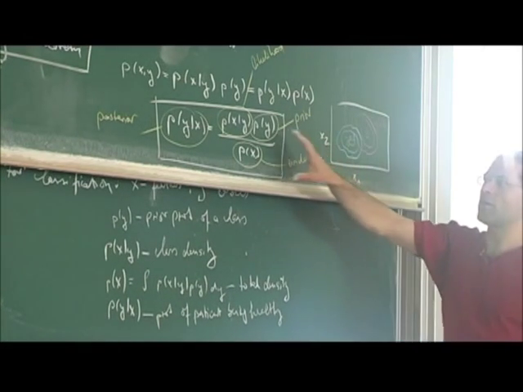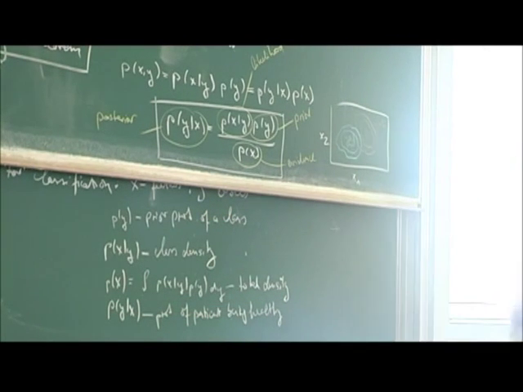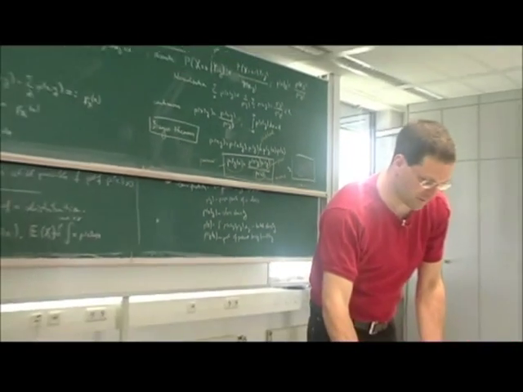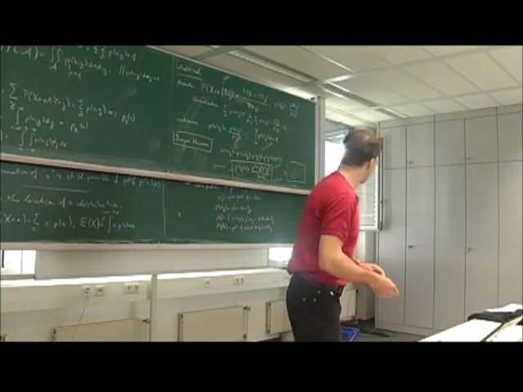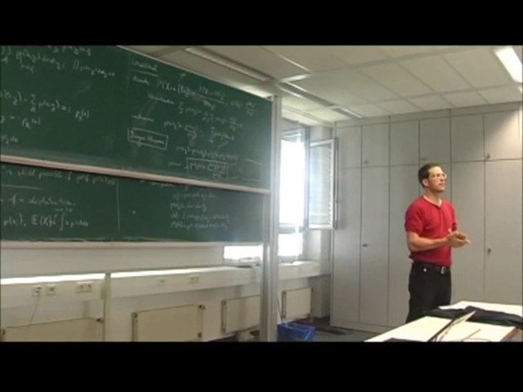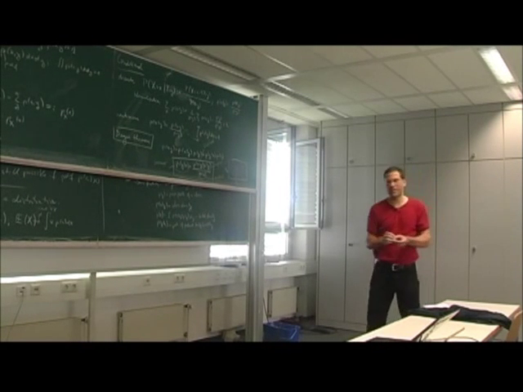Okay, so this is Bayes' theorem in general, and this is how it can be mapped to the classification problem. Any questions? It's very quiet.